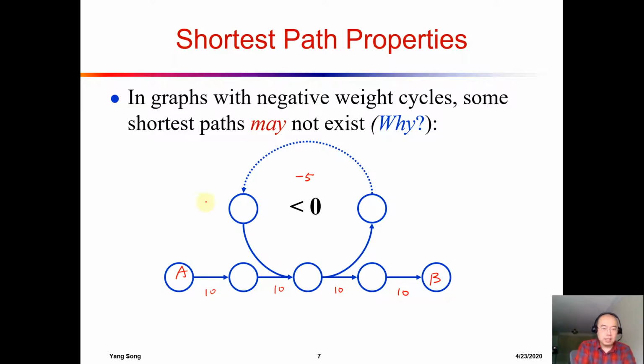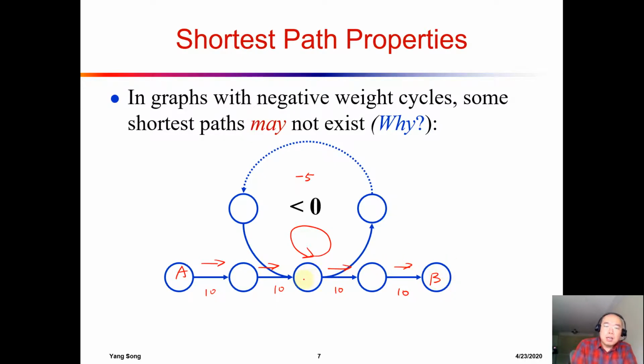Think about that. If we take this way, and after that we do one circle, what is that? That is 10, 10, and then -5, so we can get here at the cost of 15. And then if we go here and here, we can get to B at the cost of 35.